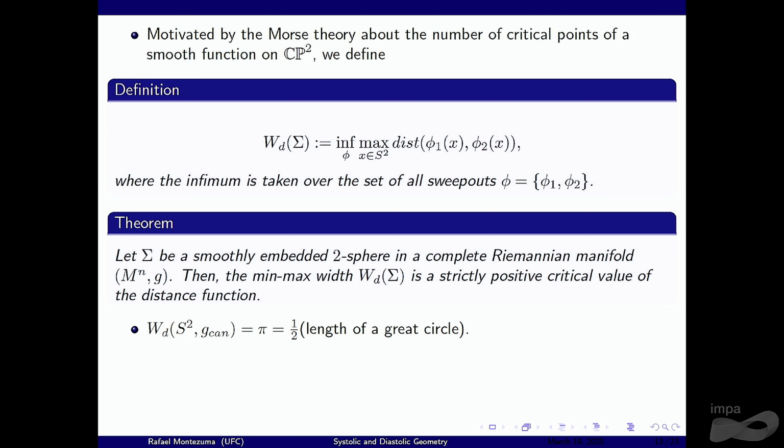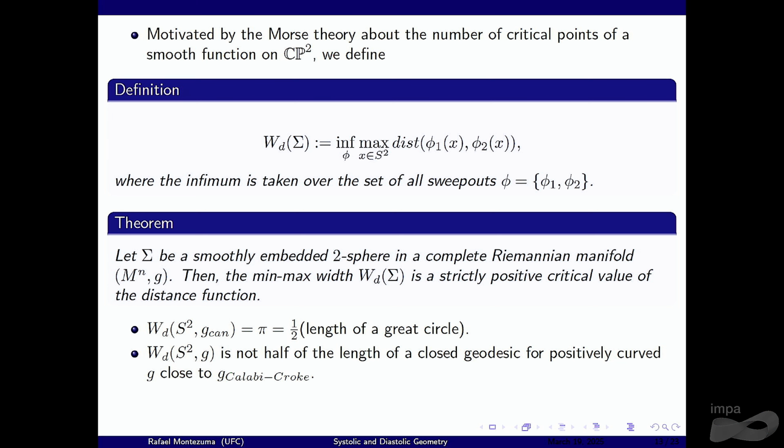In the case of the round sphere, this width is exactly half of the length of a great circle, of course. So in this basic situation, what you get here is the same as you get a closed geodesic, right? But it's half, because the number that we have here is half of the length of this closed geodesic.